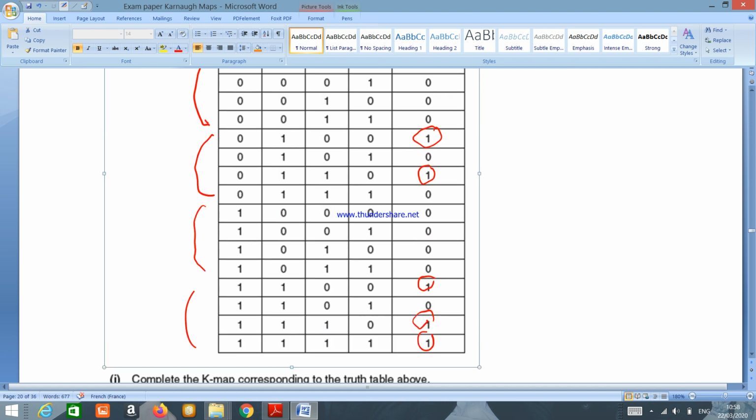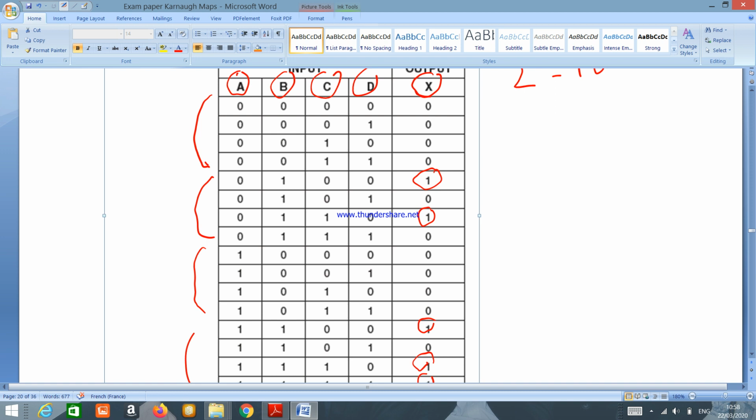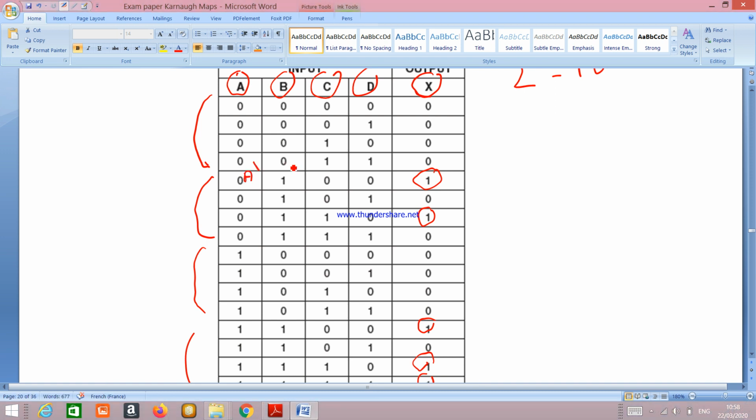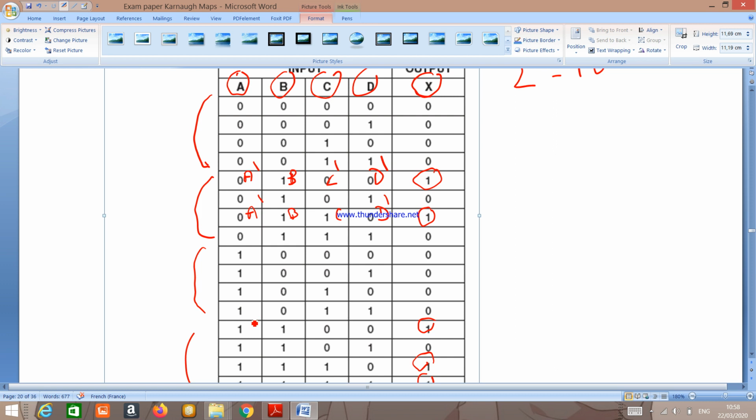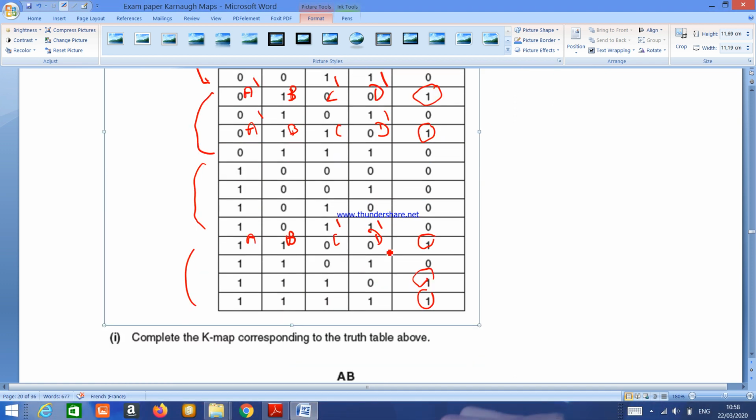Let's try to work it out. This should be A dash, B, C dash, D dash. This is A dash, B, C and D dash. Next, this is A, B, C dash, D dash. Next term is A, B, C and D dash.